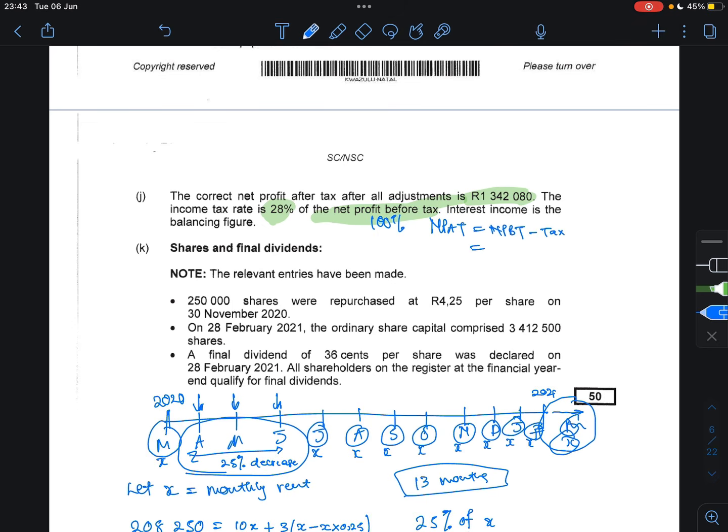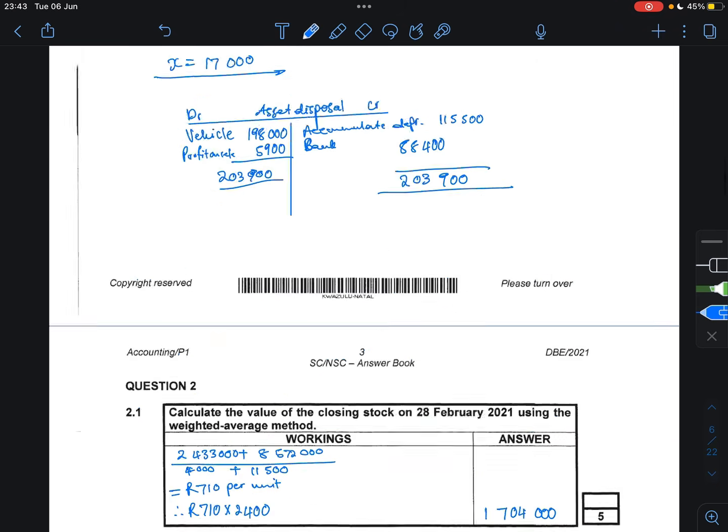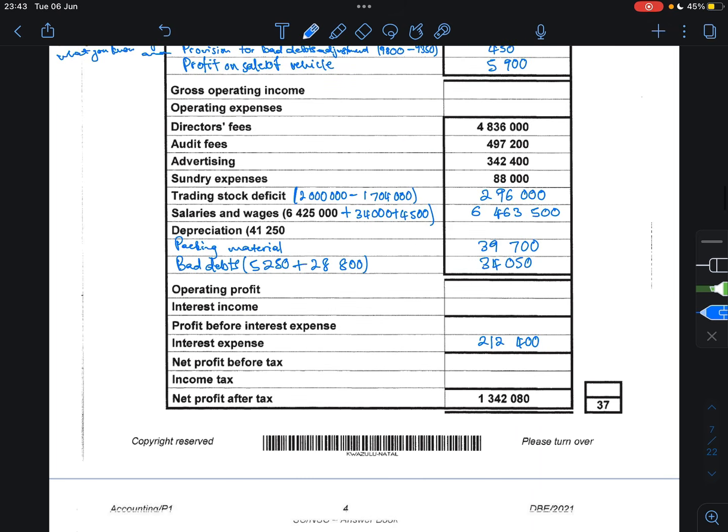So we know that this is 100 minus your tax, which is 28%, and your net profit after tax is 72%.